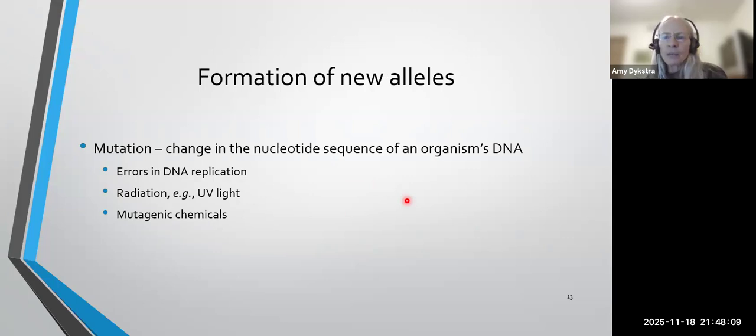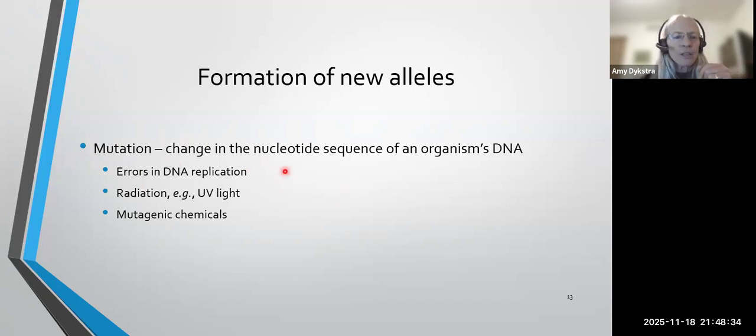This can result from several different things. There can be errors in DNA replication. When the DNA is being copied, sometimes there's a mismatch of nucleotides. Usually, the DNA synthesis machinery has ways of correcting those mistakes, but occasionally there is still an error that causes a change.